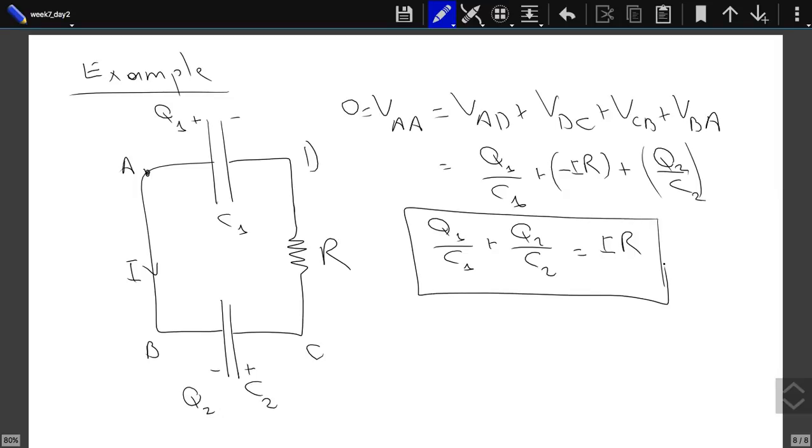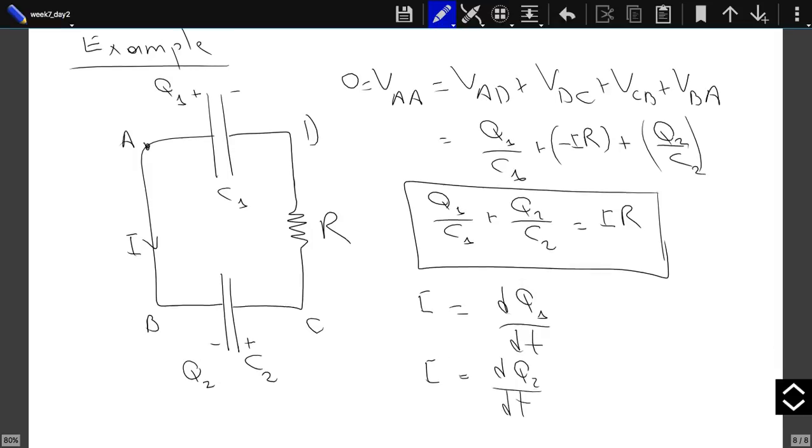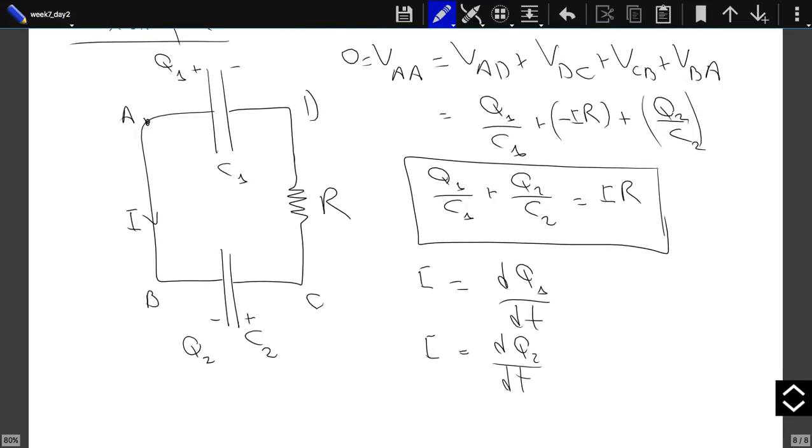Now I have these three unknowns. I don't know Q1, I don't know Q2, and I don't know I. I have to relate them somehow. If there is current running through the system, the charge Q1 will be changing, and the charge Q2 will be changing in time. I will be dQ1 over dt, and I will be dQ2 over dt. Now the next thing is, will they be positive or negative?